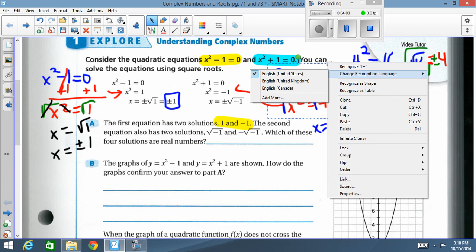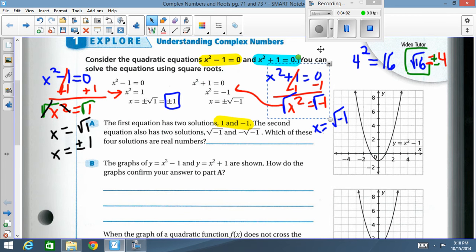Here's where we need to be careful. When I say the square root of negative 1, if you grab your calculator and do square root of negative 1, you're going to get an error message. Can't be done. Because the question we're asking is, what number times itself gives me negative 1?